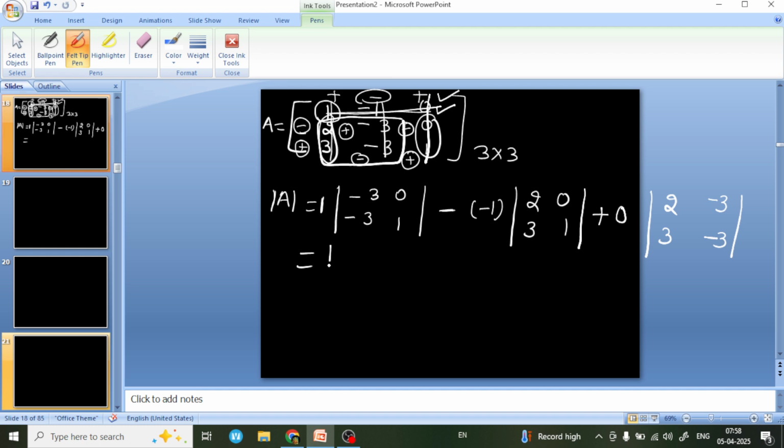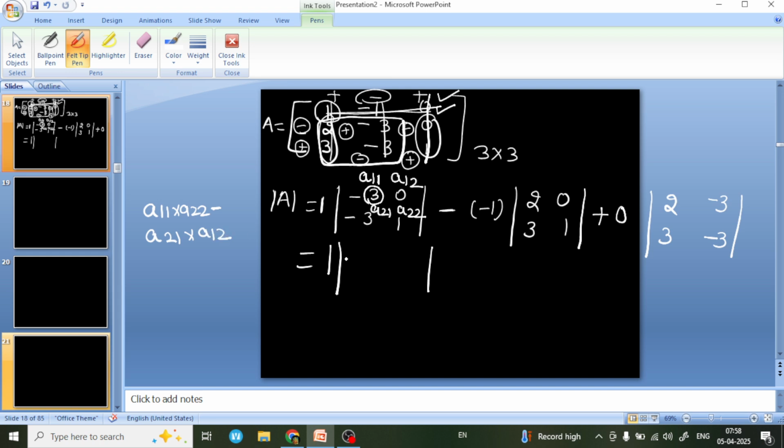Now solve it. How to multiply? Take the top element, means the first element. This element represents A11, this represents A12, this represents A21, this represents A22. So here we will take the formula: A11 multiply A22 minus A21 multiply A12.